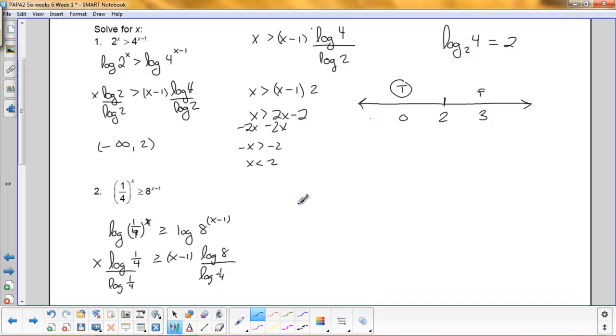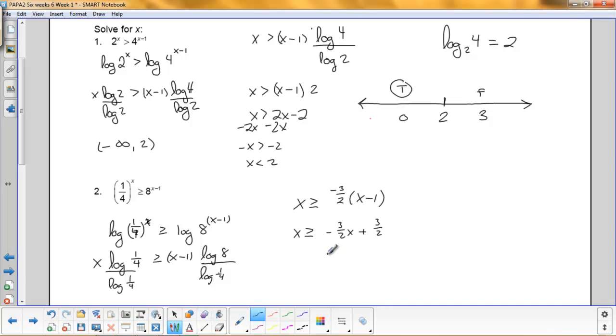What I get from that is x greater than or equal to negative 3/2 times x minus 1. I'm going to distribute that through, and I get x is greater than or equal to negative 3/2 x plus 3/2.